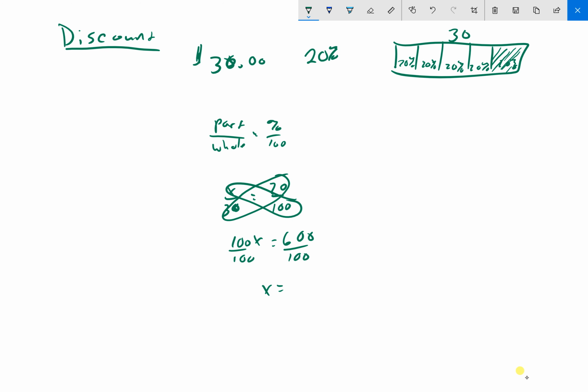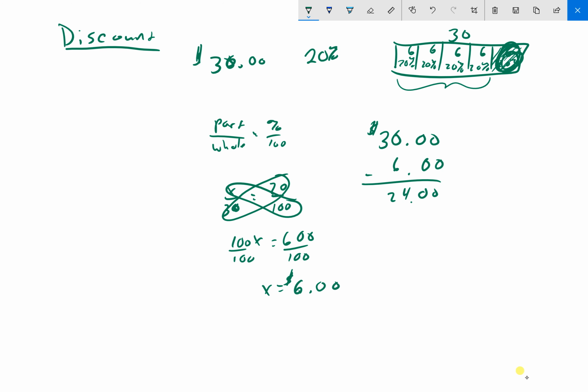And now you have to be careful here because I'm marking down the price $6. But the price originally was $30. So $30 minus $6 is $24. And that makes sense because look, 6, 12, 18, 24, $30, I actually marked down this $6. And so that's why I'm left with $24.